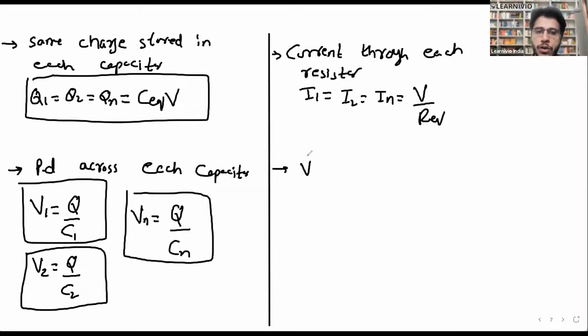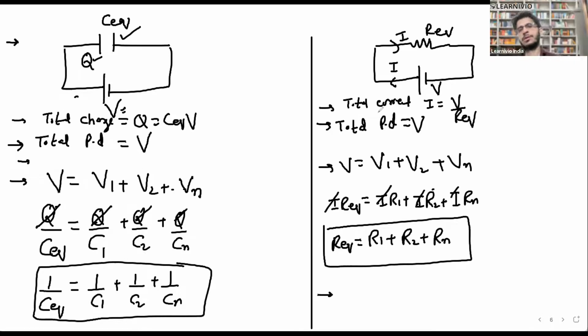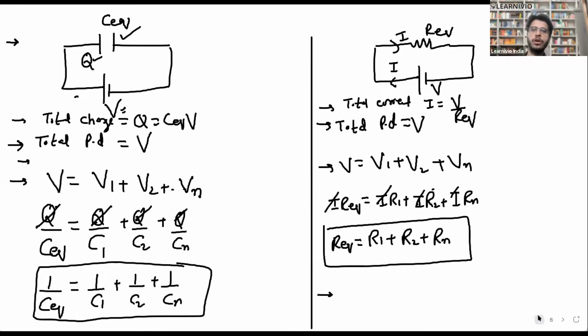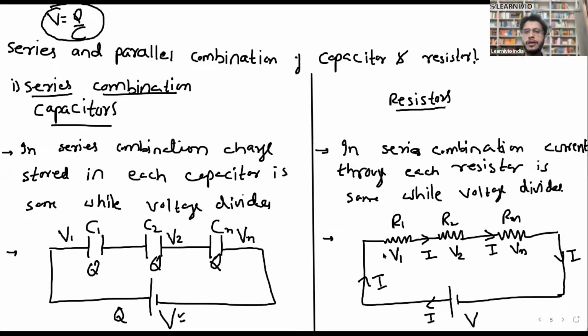Then you need voltage across each resistor. So Ahmed, if I know current and resistance, can I calculate voltage V1? Yes, sir. The current through R1 is I, resistance is R1. What is the voltage V1? No, I'm asking for an expression of voltage in terms of current.